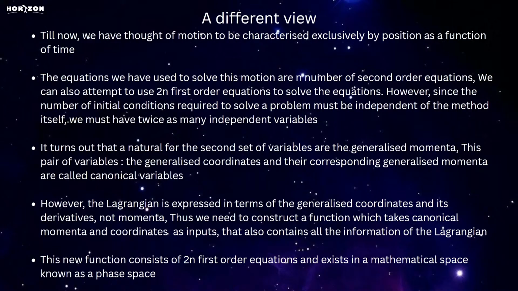So we shift to the Hamiltonian, which uses generalized momenta and generalized coordinates directly. To construct this function from the Lagrangian, we use Legendre transforms. This new function exists in a mathematical space called phase space. And now my co-coordinator Aditya will continue the lecture from the topic of phase space.